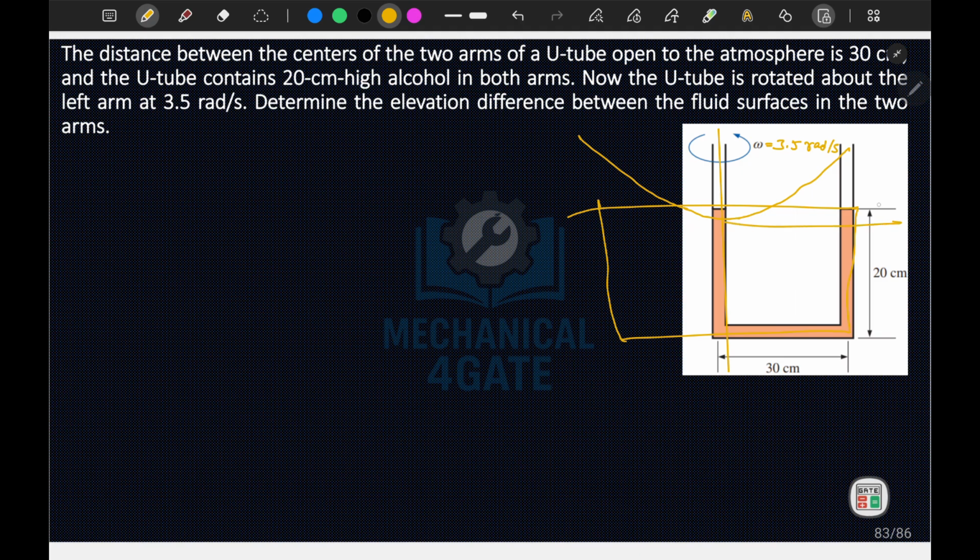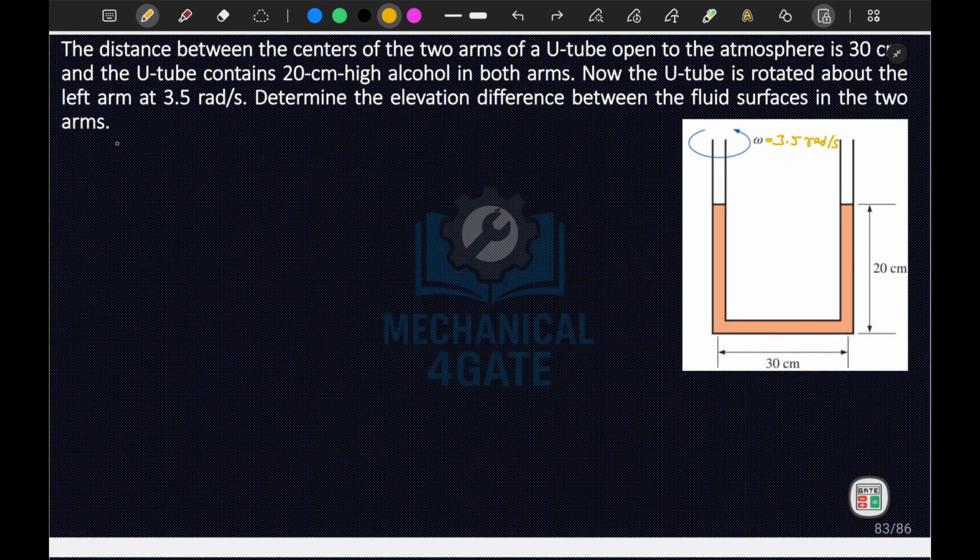If we calculate this difference in height, or the height of your paraboloid, that will be the difference in the column height. Let me solve it once using the classical, analytical approach. We can write dp is equal to rho r omega square dr minus rho g dz.